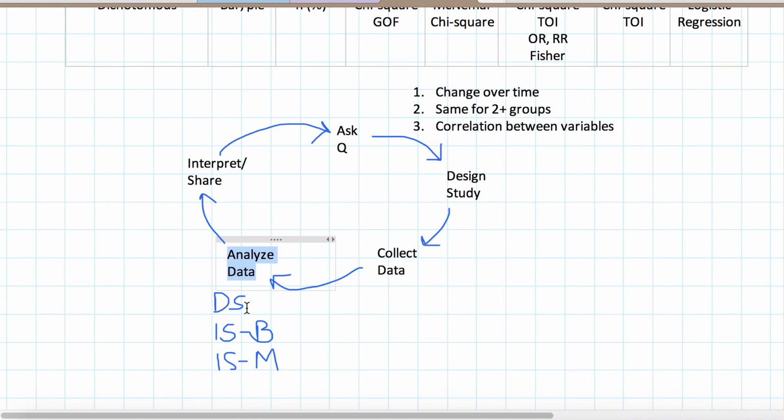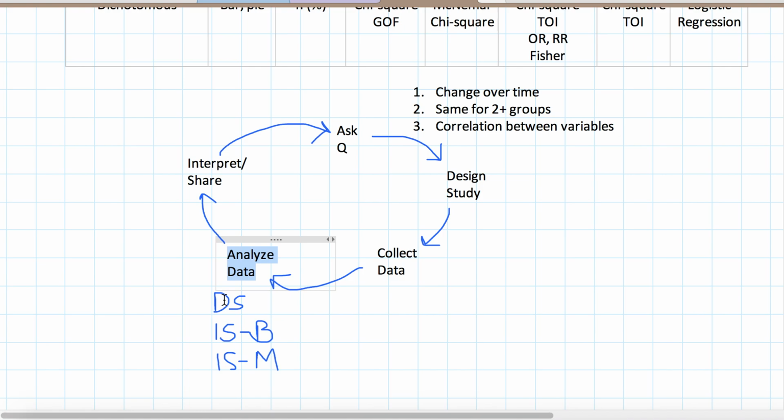DS is the first layer. Sometimes we're trying to clean it or identify errors by doing these descriptive statistics. And also, it's a way of summarizing a vast amount of data into a smaller, more manageable amount of information that people can use to make decisions.